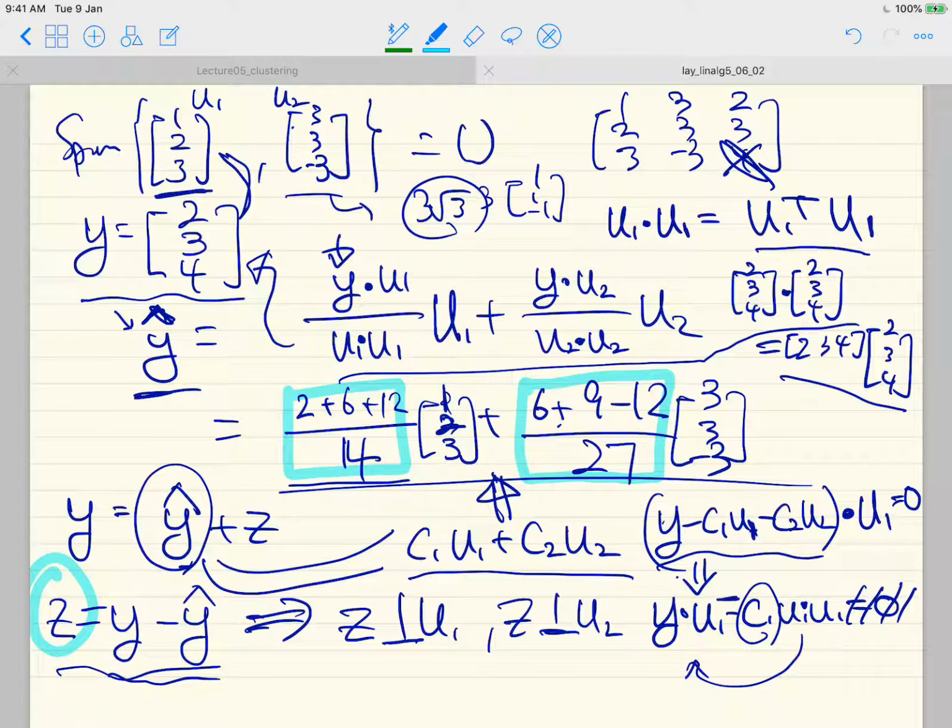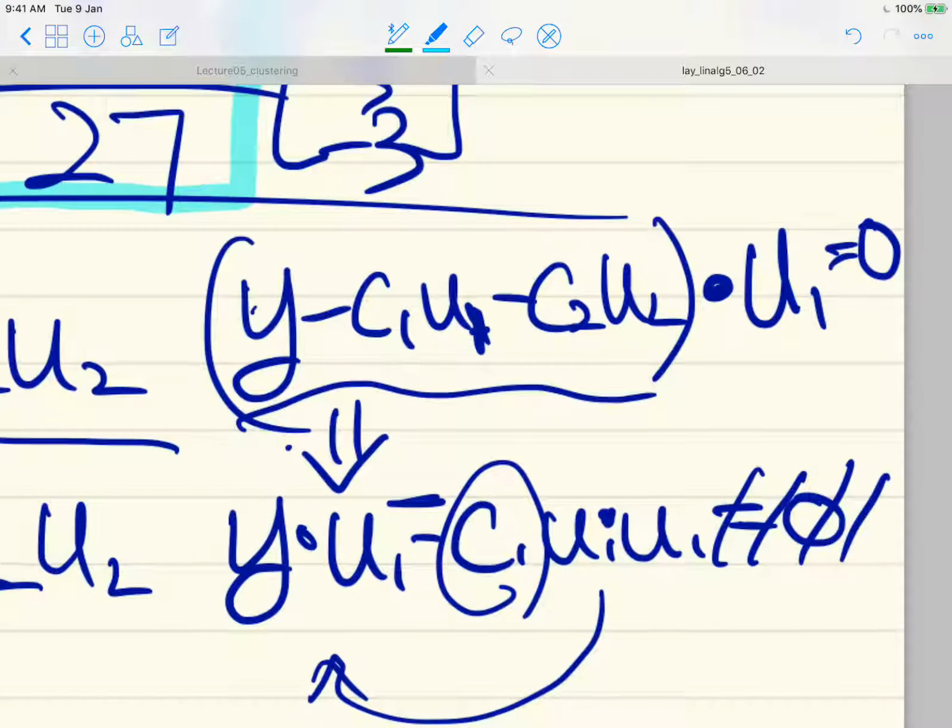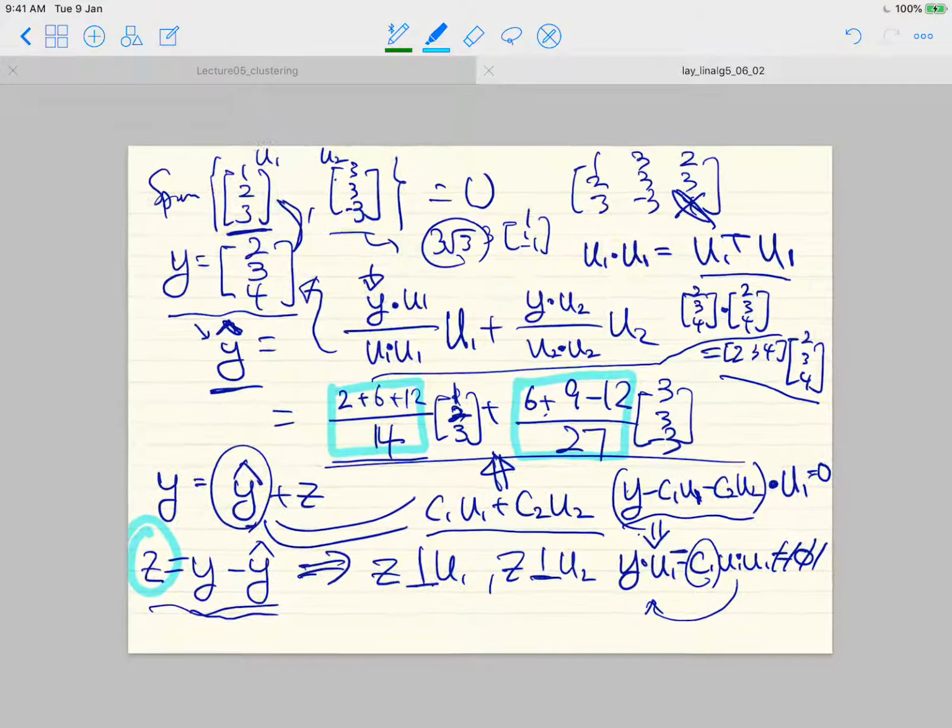So you obtain y hat, and y is 2, 3, 4, and then you just subtract between the two, and you obtain z. And then you can easily verify that this z is orthogonal to 1, 2, 3, and 3, 3, negative 3. You can further verify this kind of relationship, but we will omit it because we already proved it in the more general case.